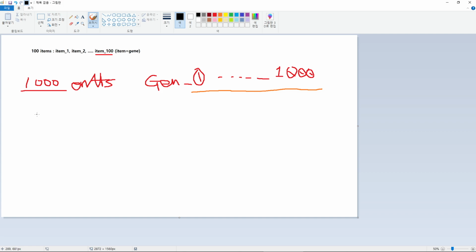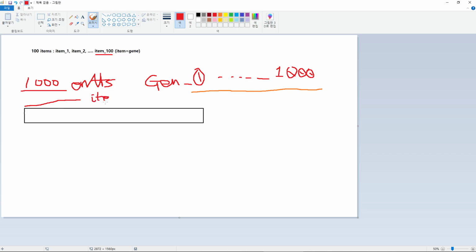was quite clear that for the 100 items, imagine this is the list of items, and I divide this into 10 parts of 10 items.